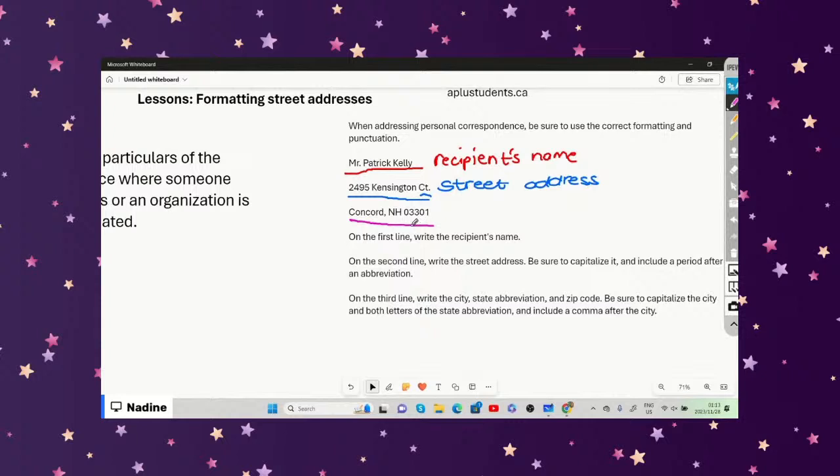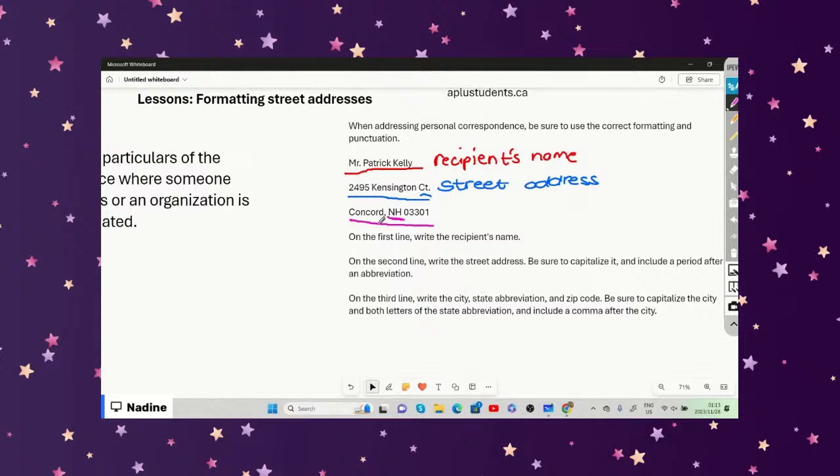And remember, you need to capitalize the city and both the letters of the state. Because if it wasn't abbreviated, we would have written the state's name out in full. So you need to capitalize the name of the city, as well as both letters of the state that you abbreviated. And after the city, you need to put a comma.